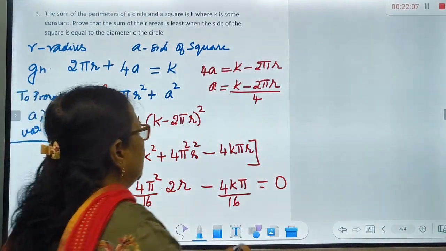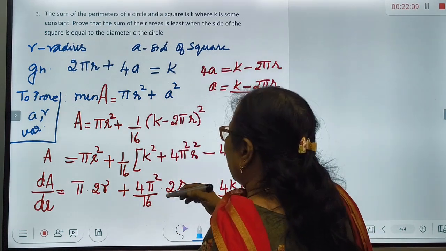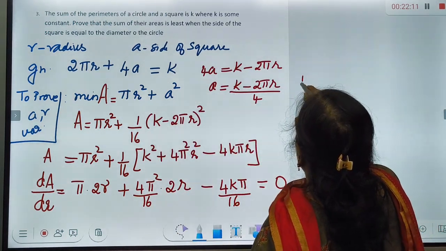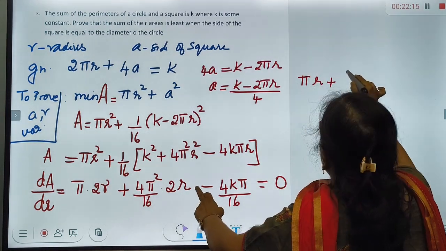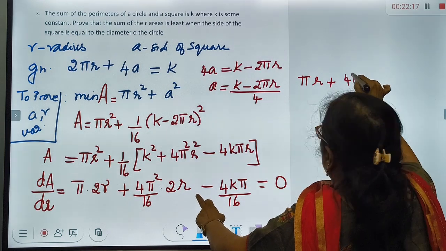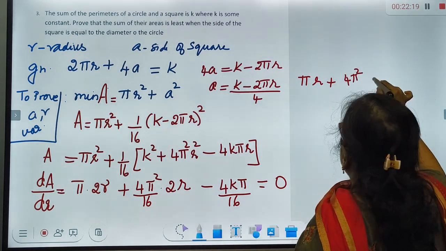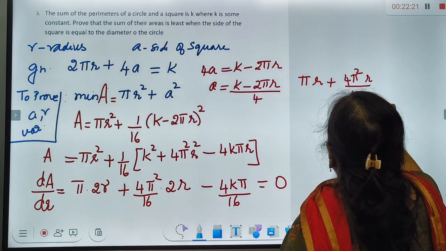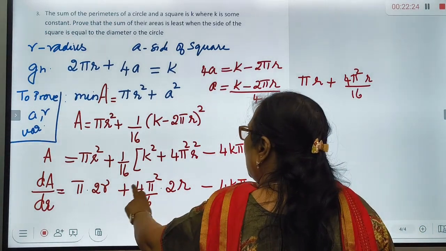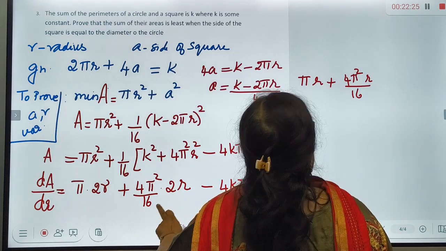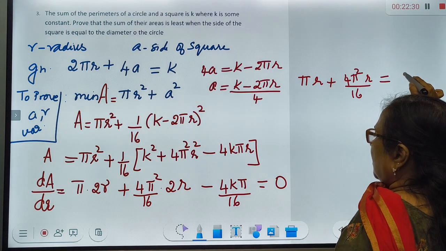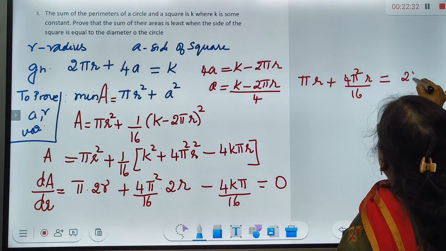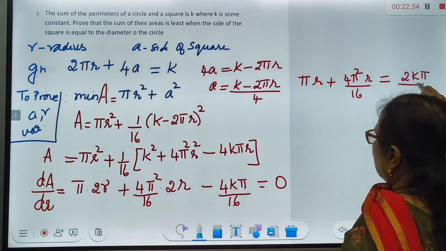So this is equal to 0. Therefore, I can cancel off 2 everywhere. So I will get pi r plus pi square r by 16 is equal to, cancelling 2, 2k pi by 16.